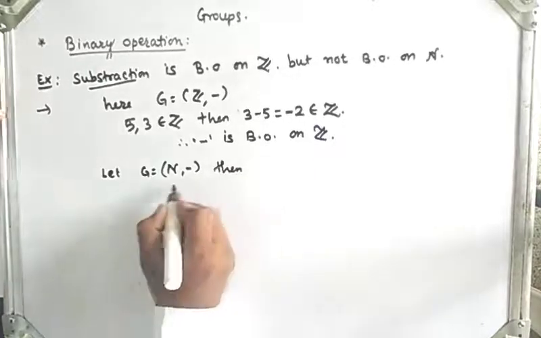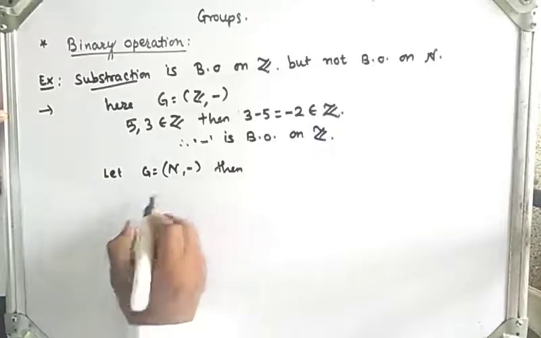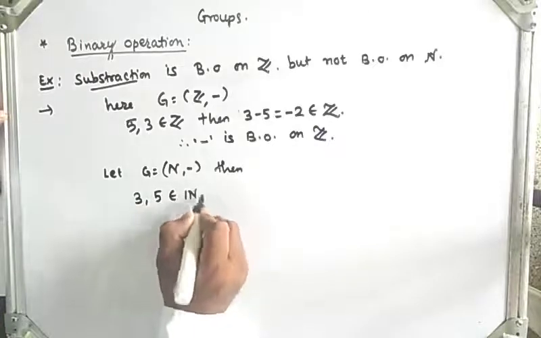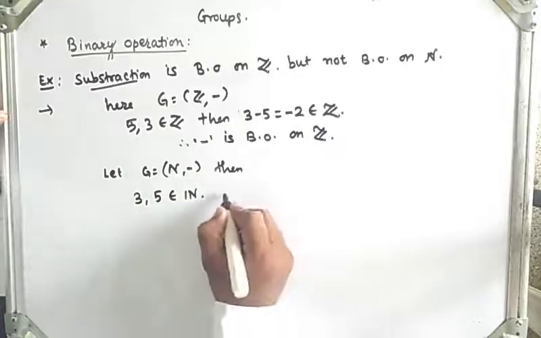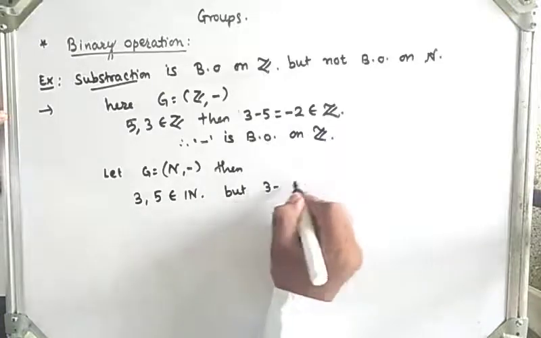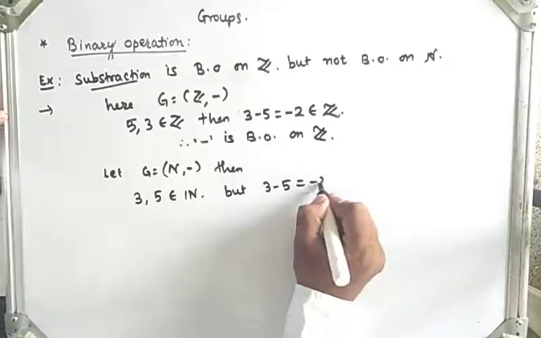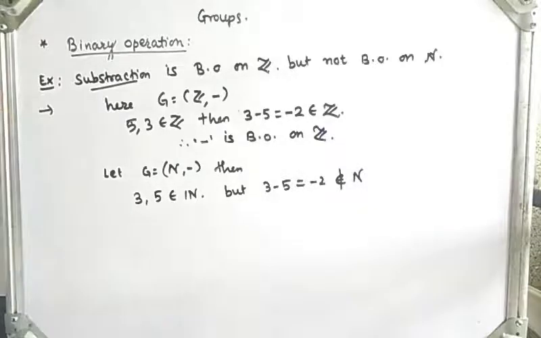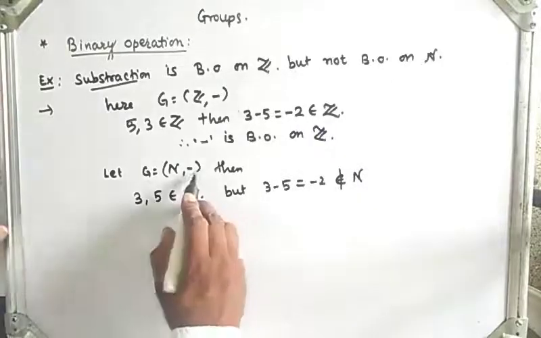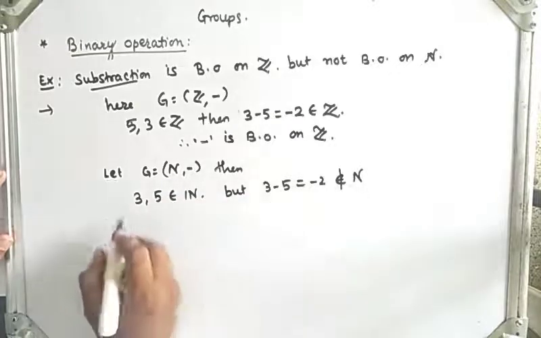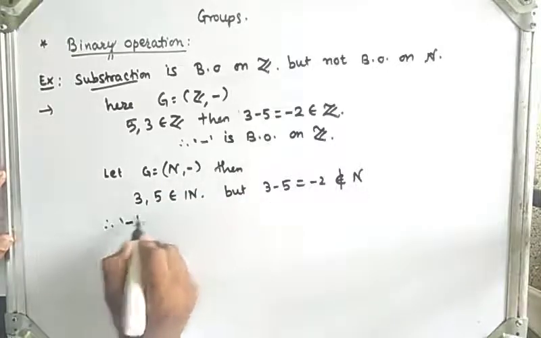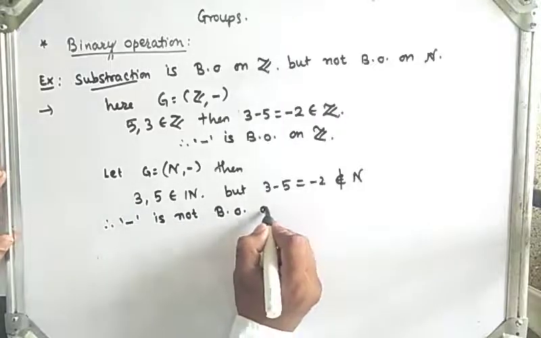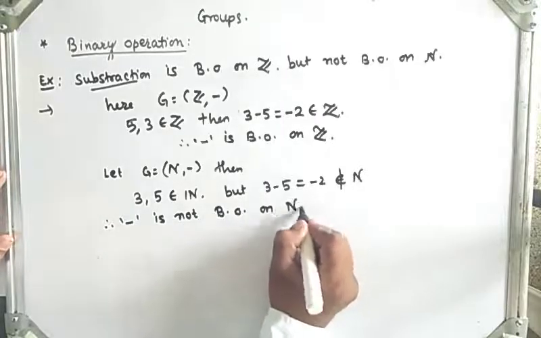If I take two natural numbers, 3 and 5, their subtraction 3 minus 5 is minus 2, which does not belong to the set of natural numbers. Therefore subtraction is not a binary operation on natural numbers.